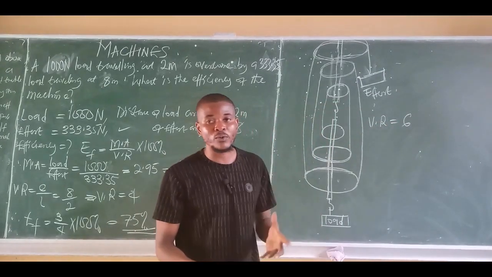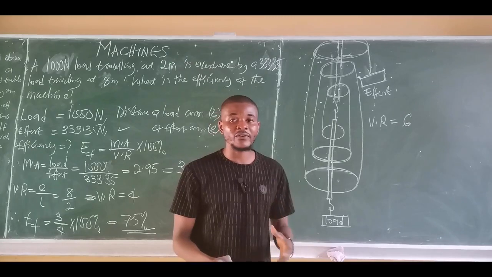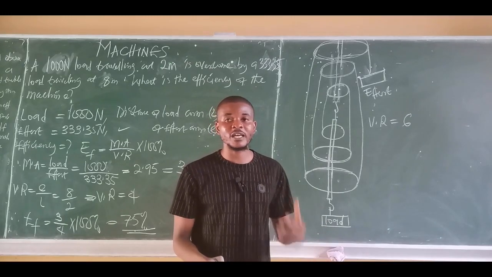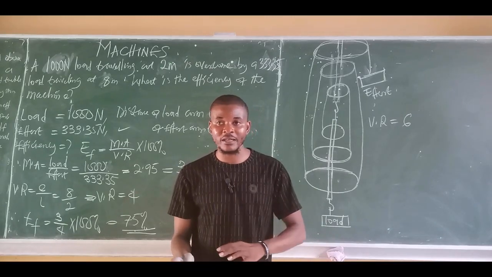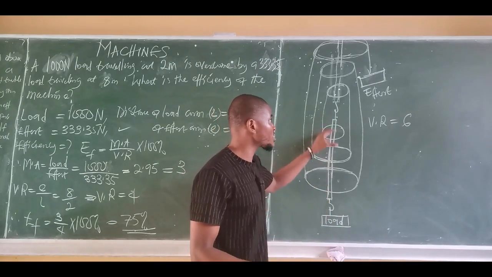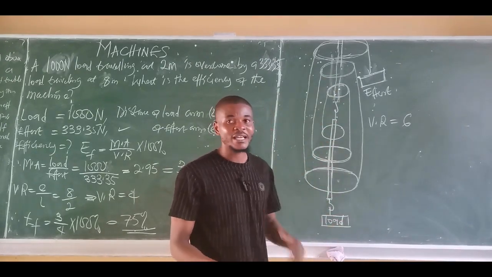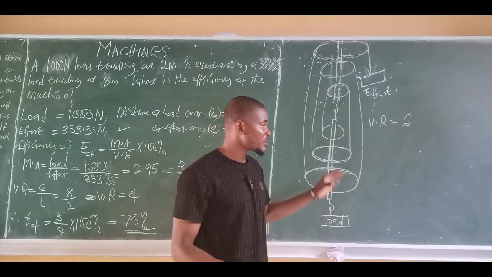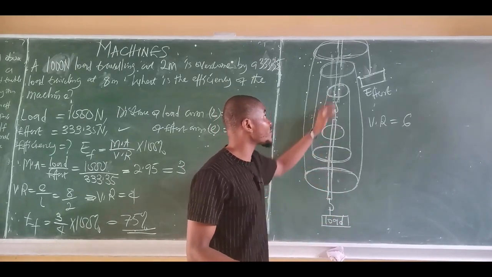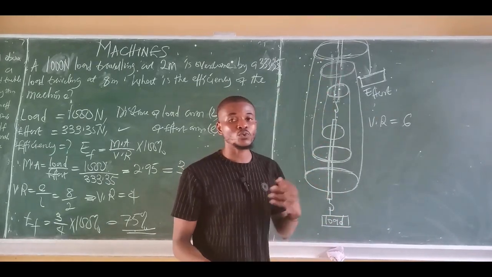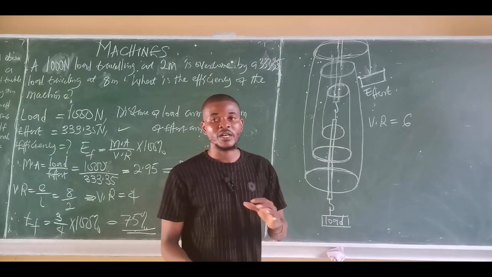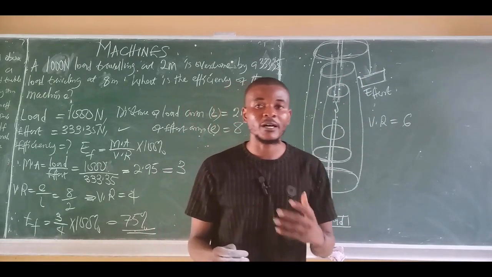If you have up to 5 pulleys, it means your velocity ratio is 5. If the pulleys are up to 10, then your velocity ratio is 10. The number of circles here is the number of pulleys. Since this is 1, 2, 3, 4, 5, 6 pulleys, the velocity ratio is equal to 6. That's the whole idea behind the pulley system.